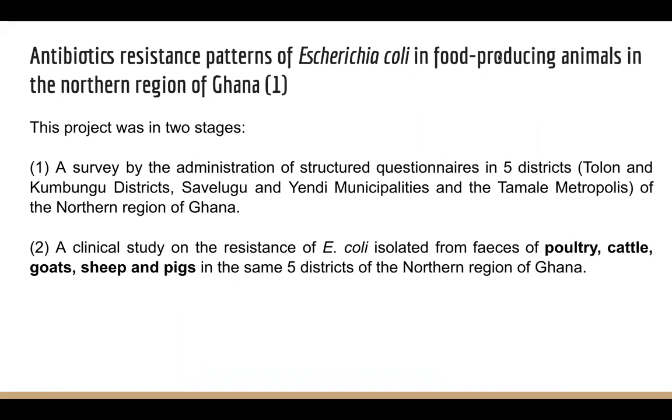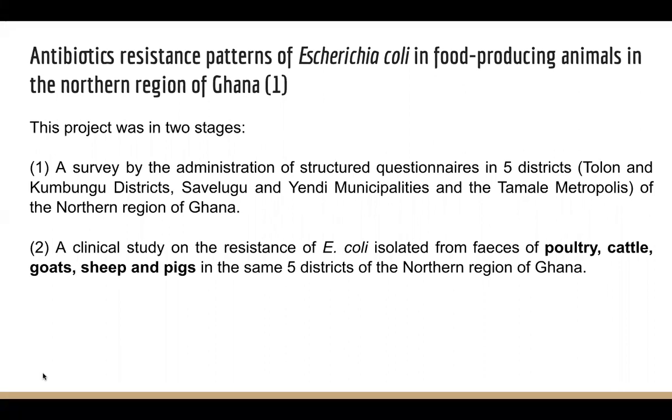Yeah, so we also got this grant from the International Foundation for Science to work on resistant bacteria in food-producing animals. As I told you, if resistance are built in animals, it can easily get into the food chain or also the environment and finally get into human beings.